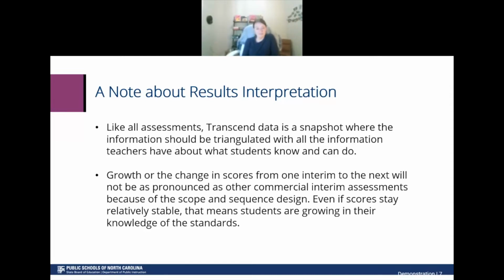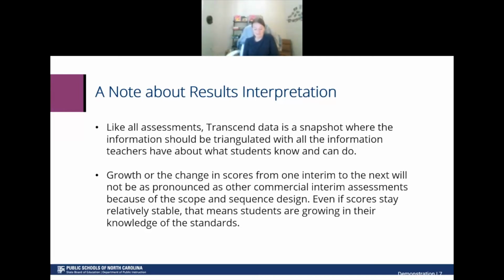The other thing I wanted to mention about Transcend in particular, and how it's unique from other interim assessments, is that it follows a scope and sequence design, meaning that in the first assessment, I'm only assessing the standards that were selected in the intelligent test blueprint. Then in the second assessment, I'm adding a few more that were covered between the first and second assessment from an instructional perspective. The growth will not look as drastic as it does when I use the same blueprint 3 times a year.